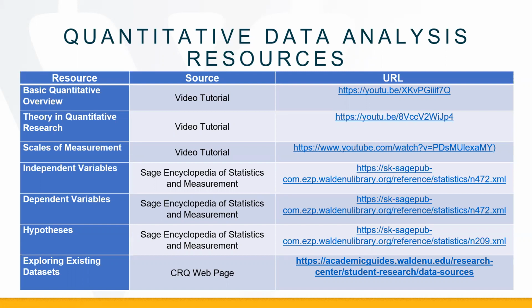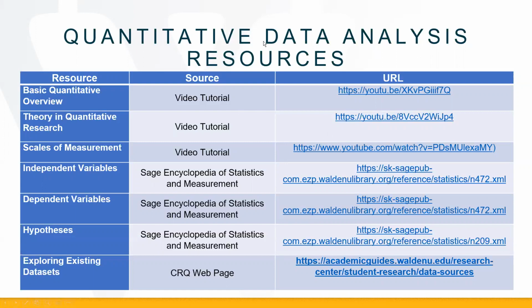Again, those theoretical constructs must be derived from the theory, and the dependent variable is that problem variable. There's a very detailed theory and quantitative research video tutorial. Again, these tutorials are no more than about 15 minutes, but very detailed and very application focused. Not really talking too much about the concepts, but then the application of what to do, just as we have done here in today's measurement.